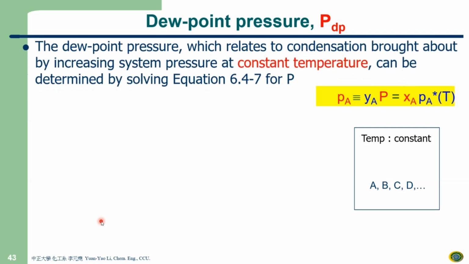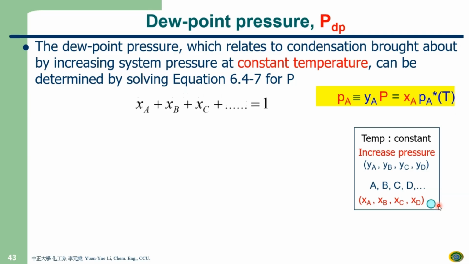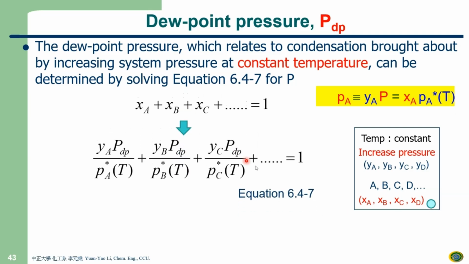And how about the dew point pressure? Again, the same thing. If you increase the pressure, you will get the first drop of liquid coming out. And again, you use this equation to find the answer.